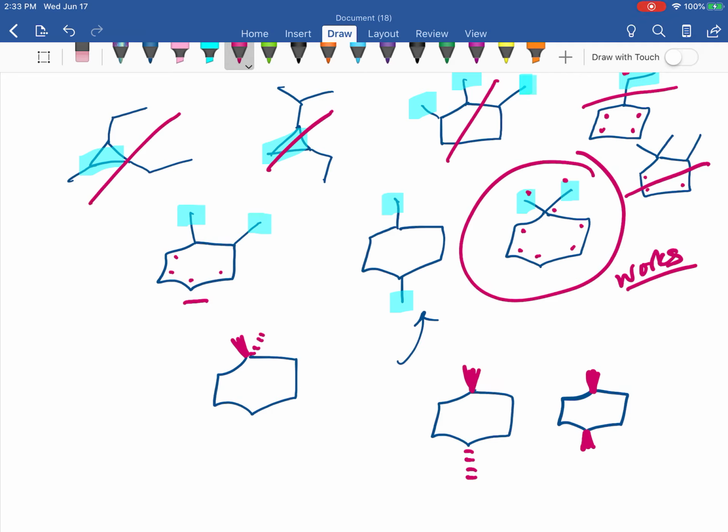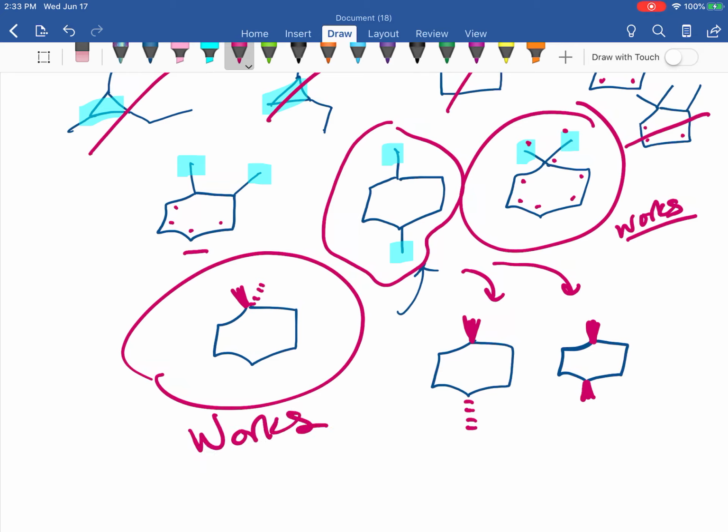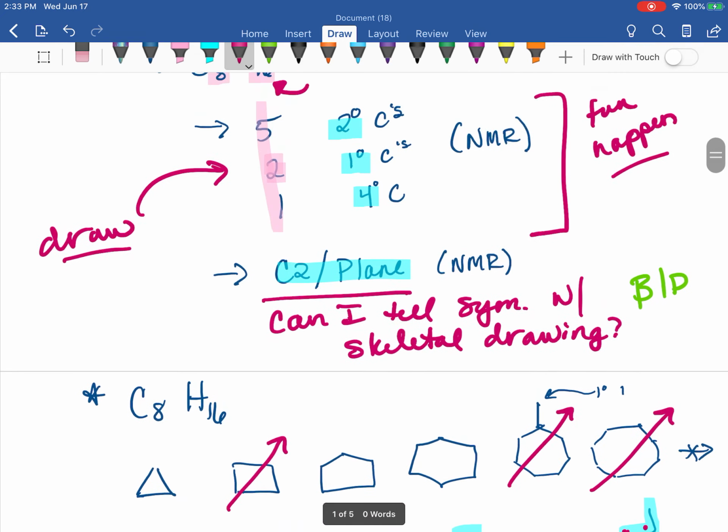Or does it fit? You've got to evaluate, which one of these fits? Remember, these drawings without bolds and dashes don't tell you which one you have. It's assumed you have both. So you definitely want to end your roadmap by showing those bolds and dashes. And then you can choose something that works. This works.